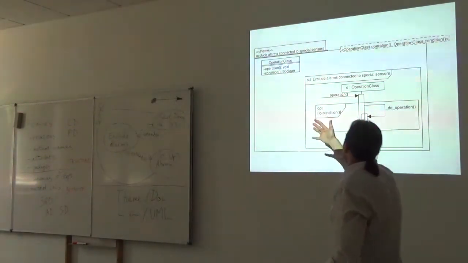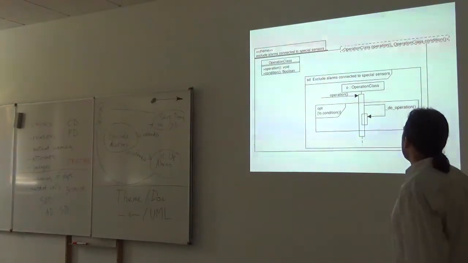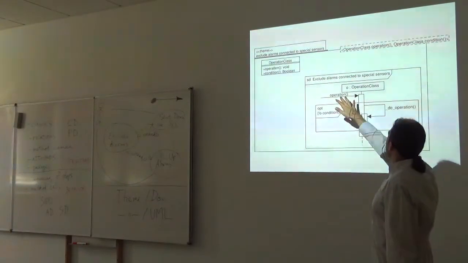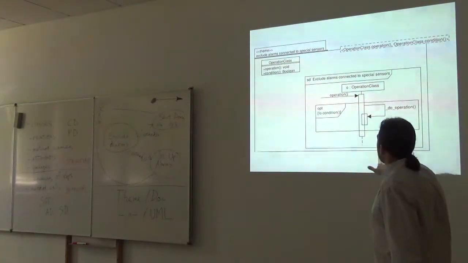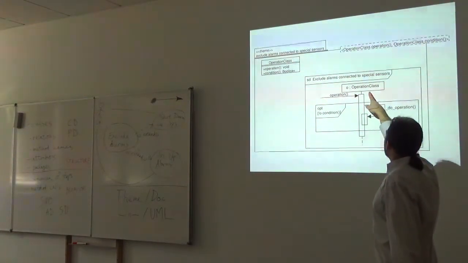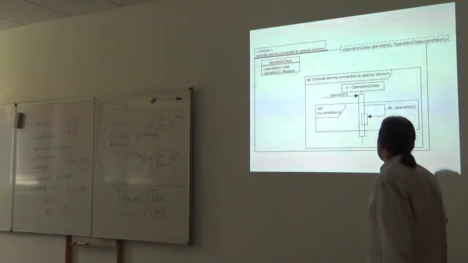It came from somewhere, we don't know from where, and we are not interested in exploring that. We are exploring the body of that operation here. This is the operation that is being performed, a part of the operation class.